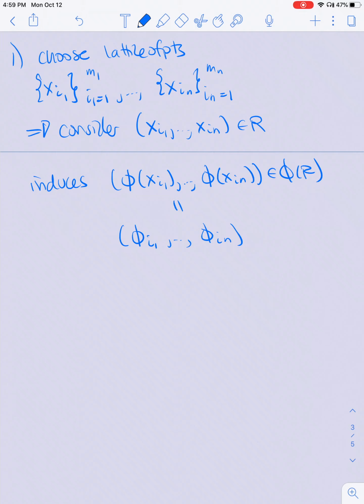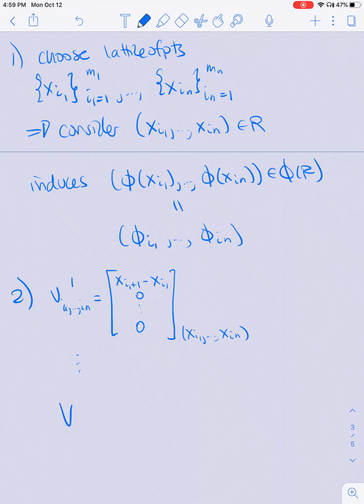Okay, so then in analogy to the second step, I'm going to define the vector v1 at i1 through in to be the vector where I just take the difference of the first two coordinates: x_{i1+1} minus x_{i1}, and then the rest are zeros, at the point x_{i1} all the way to x_{in}.